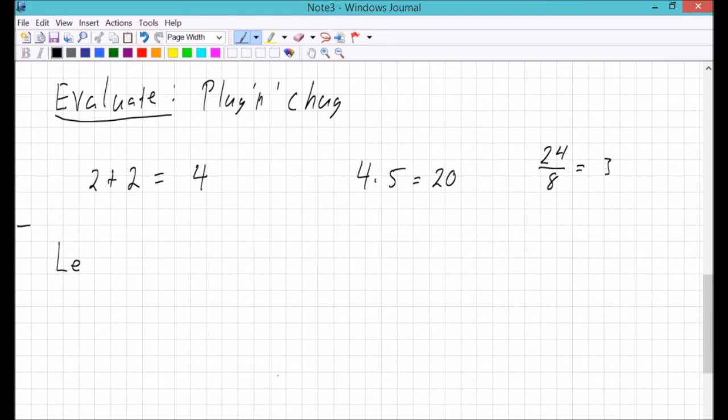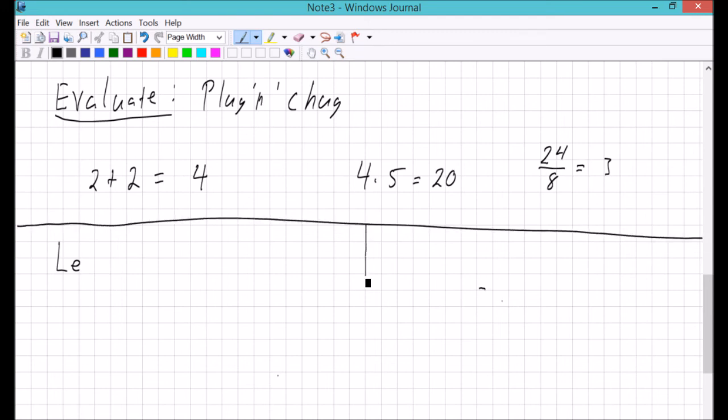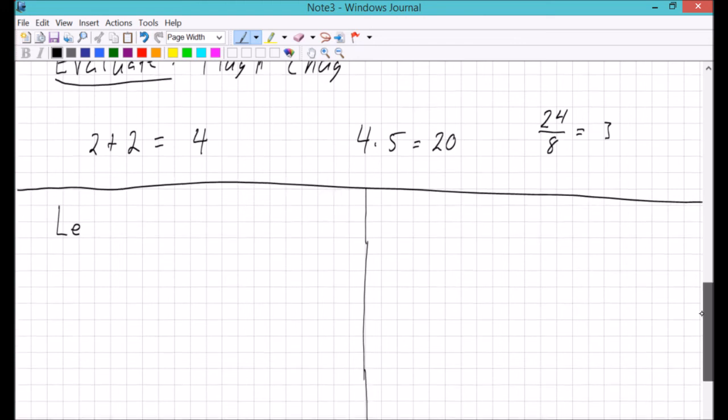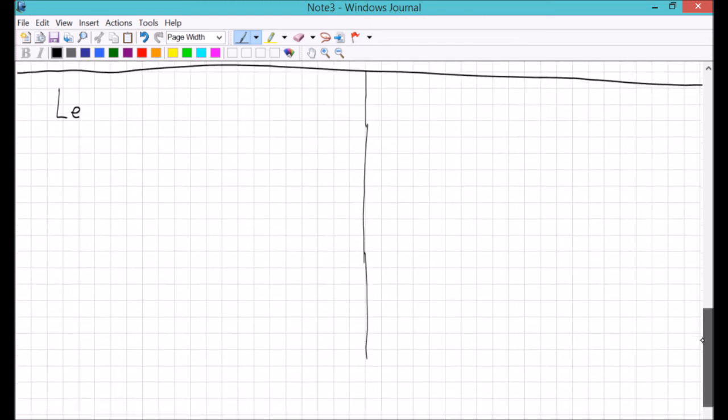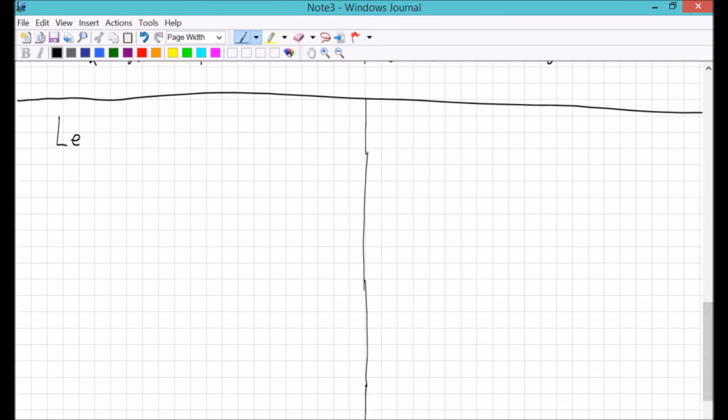So to do that, first we're going to make our little T-chart, just like we learned in our previous video. And on this T-chart, the left-hand side represents all of the things that we're doing, and the one on the right represents the justification or explanation of what's happening.